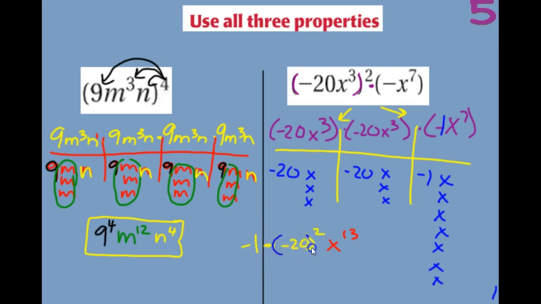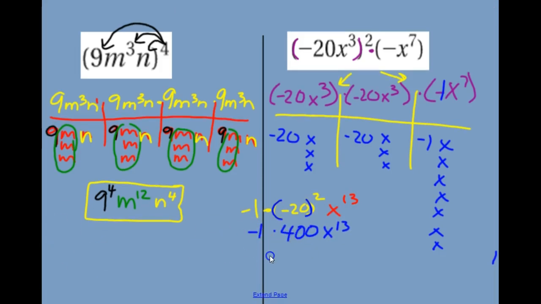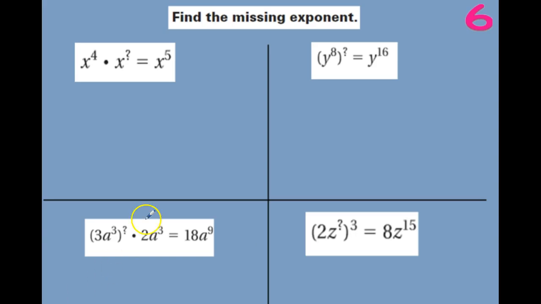A negative 20 2 times, negative 20 times negative 20 would make a positive. 20 times 20 is 400. But then it's also multiplied by negative 1, which means now that 400 is just now a negative 400, x to the 13th. So let's move on to the next page.